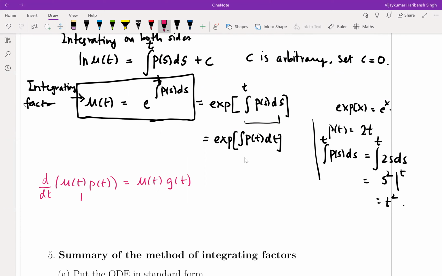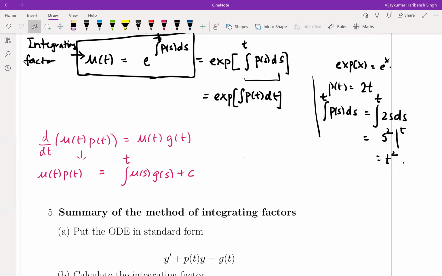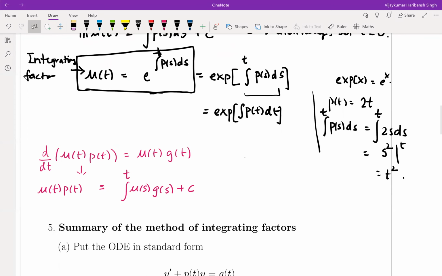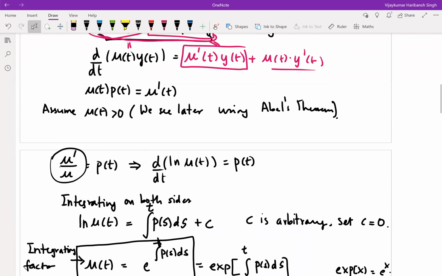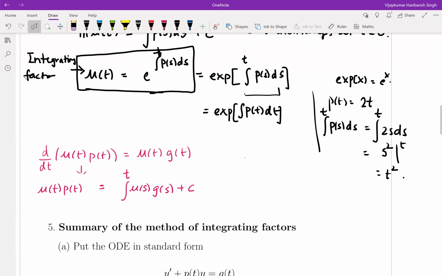Now, if you integrate this on both sides, you will get mu of t y of t equals the integral of mu of s g of s ds plus a constant c. Sorry, this was not mu of t p of t, it was mu of t y of t, my bad. We are solving for y of t, right?